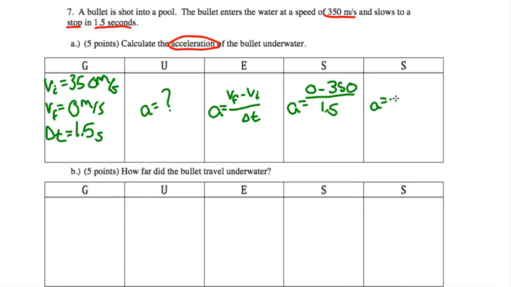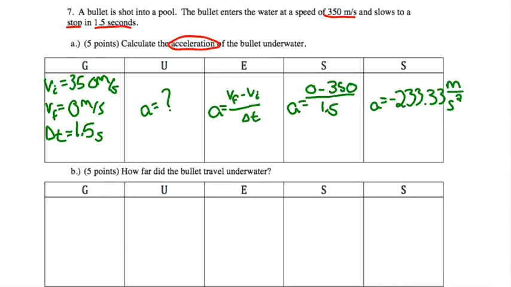If you put that in the calculator, you'll get a negative 233.3 repeating, so we can just put 233.33. And the label for this, don't forget your label, it's an acceleration, so it's meters per second squared. Big acceleration.